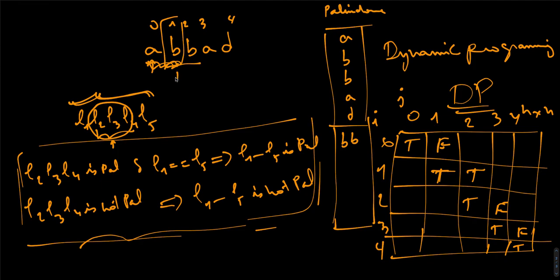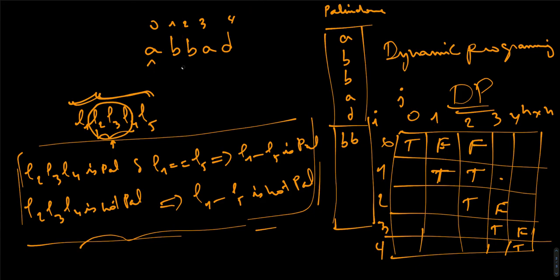Cool, so this one is palindromic. And then, as I saw here, I need to compare the sides. So A and B must be equal. Unfortunately, A and B are not equal. So here it is false. Okay? And I'm going here. 1 and 3. I'm going to clean a bit here.